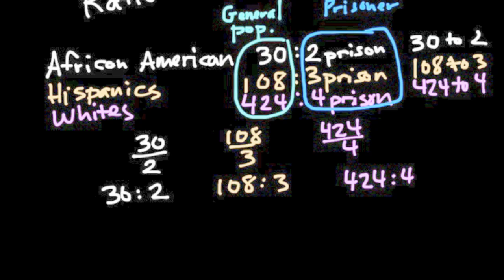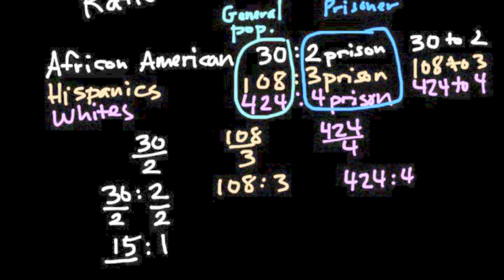So the first one, 30 to 2, we want to reduce this 2 into 1. So 2 divided by 2 is 1, and then you would divide 30 by 2. 30 divided by 2 is 15. So for every 15 African American men, 1, according to the statistics, is in prison.